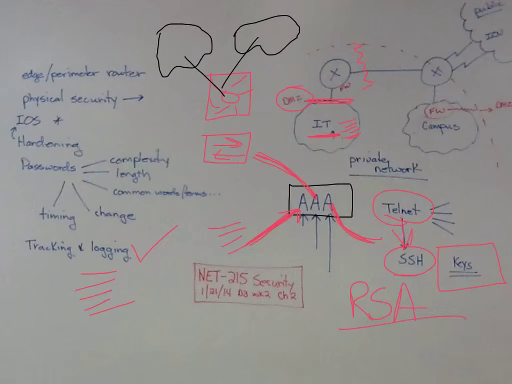Then if we take a look over here, we have the college itself. So there's an edge here for the whole college, in terms of this is public out here, the ICN, this is the internet, and this is what we have internally in campus. And then the college themselves, they have just like an edge. And here's an edge router. We have a couple connections going out, and this one's on the edge.